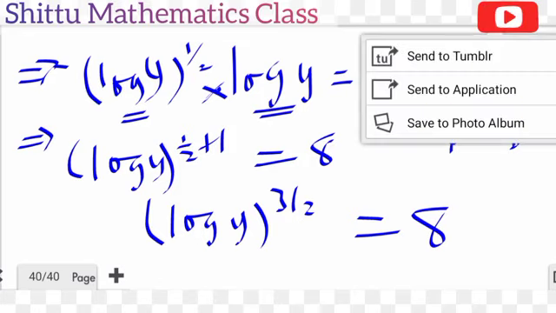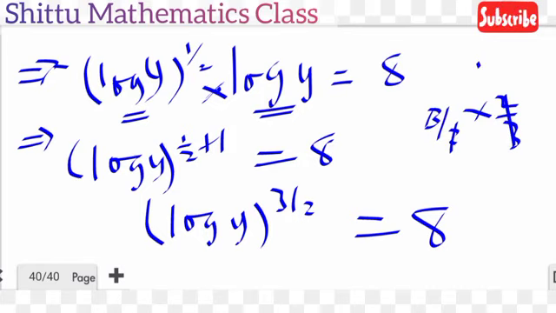But whatever we do, we must do to both sides, to maintain the law of the equation. So we multiply the power by 2 over 3, and we multiply this one also, which has power 1, by 2 over 3.